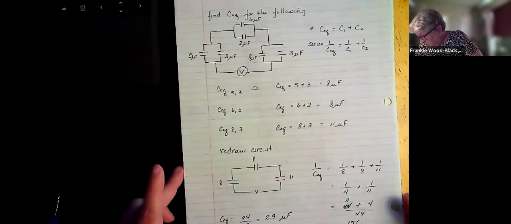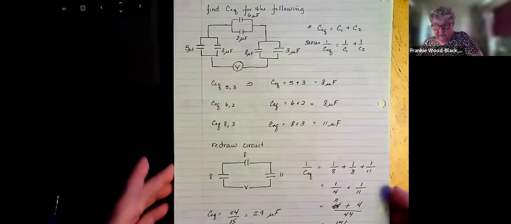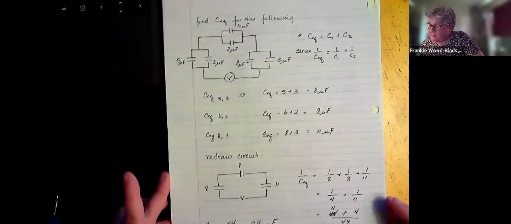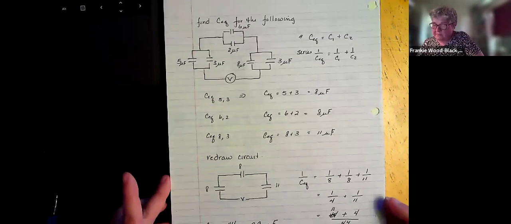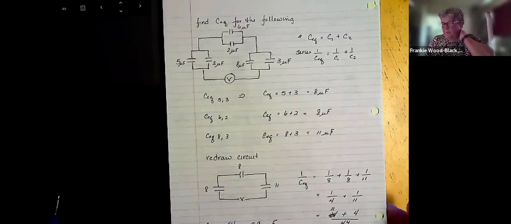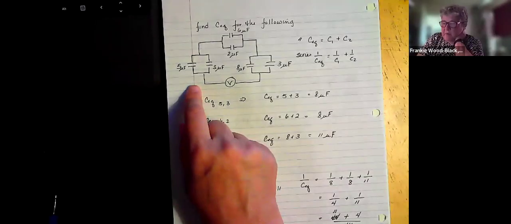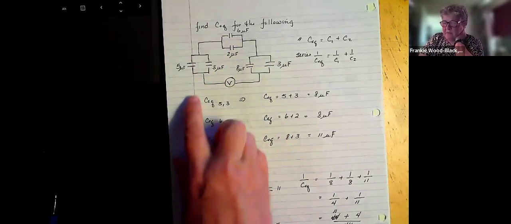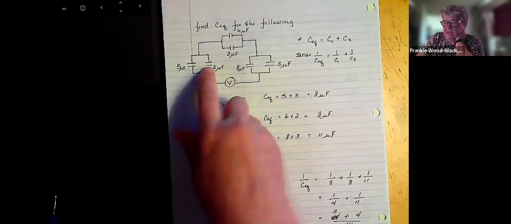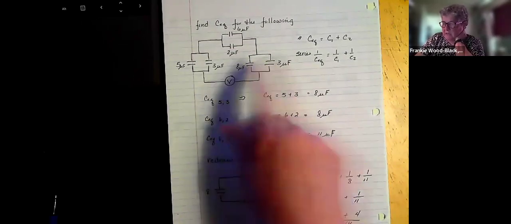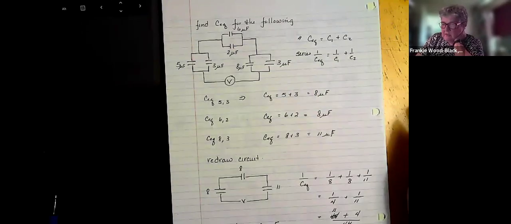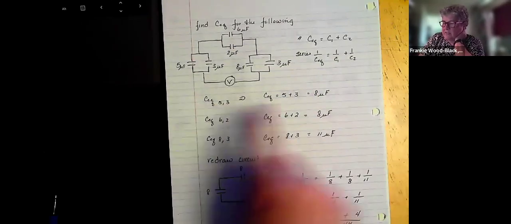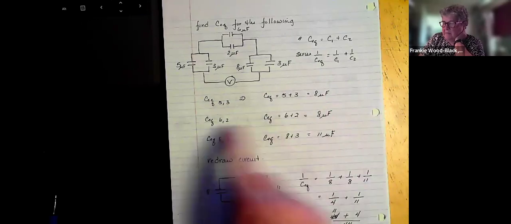So just because brains are full and I don't know how much longer my Zoom will be stable, I'm going to put this particular one up, because what we want to do is find the equivalent capacitance for the following. These are in parallel. These are in parallel. These are in parallel. So I can calculate those out just by adding them up.